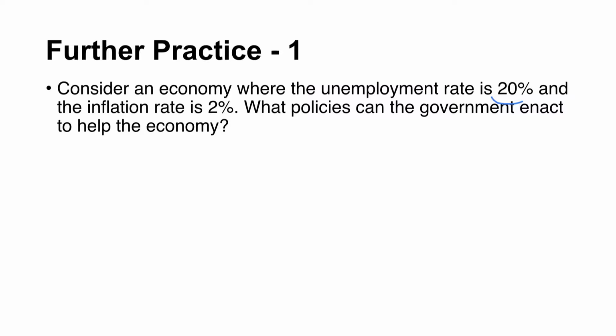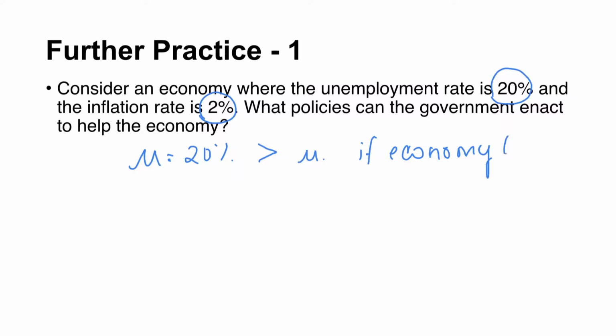With an unemployment rate of 20%, this shows us that this unemployment is greater than the unemployment that we would experience if the economy was in the long run equilibrium. In other words, this unemployment is not equal to the full employment level. Unemployment is relatively high here.